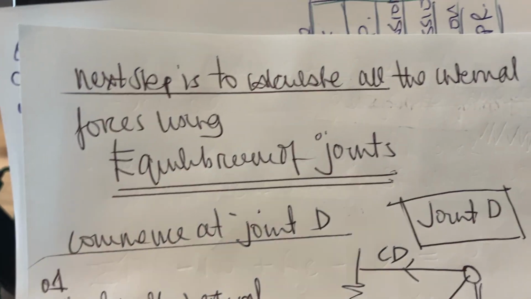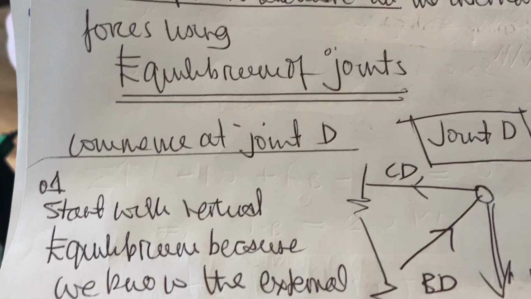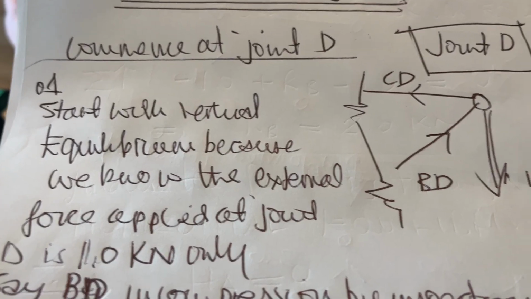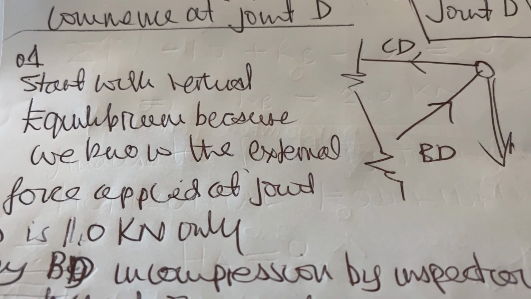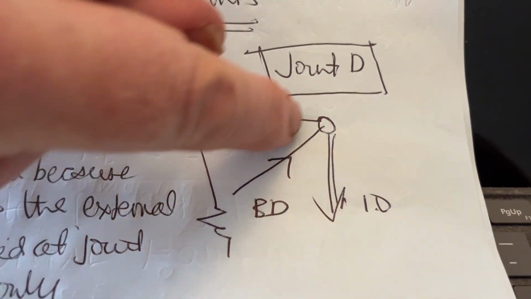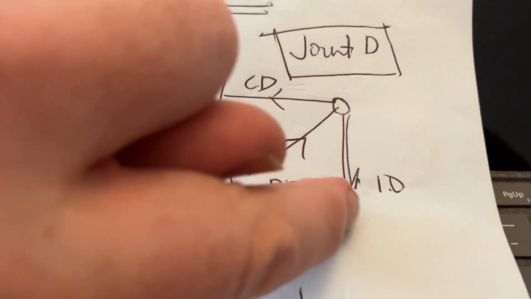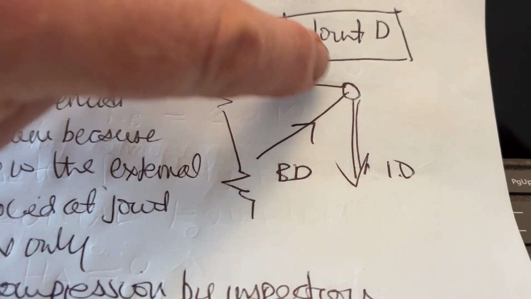Next step is to calculate all the internal forces; you can use equilibrium of joints. Commence at joint D. Start with vertical equilibrium because we know the external force. This is a diagram of joint D. That was 1 downwards, and BD, I've just guessed by inspection. If the vertical force down is 1, then the vertical component of BD must be upwards.